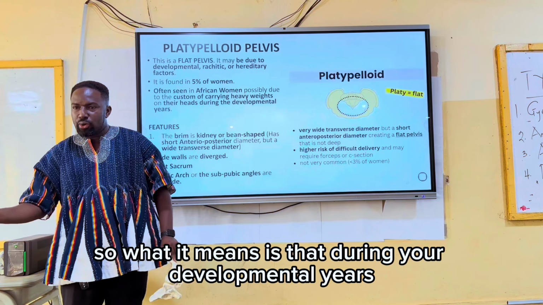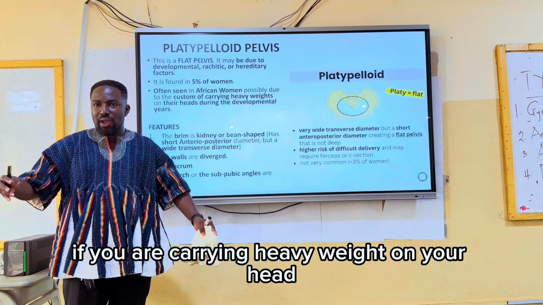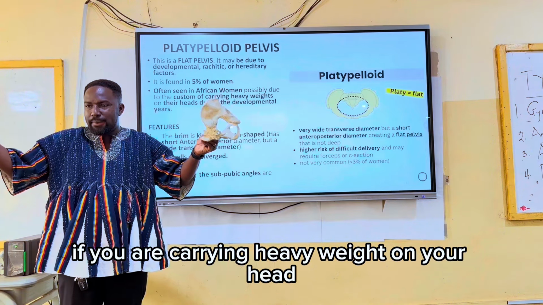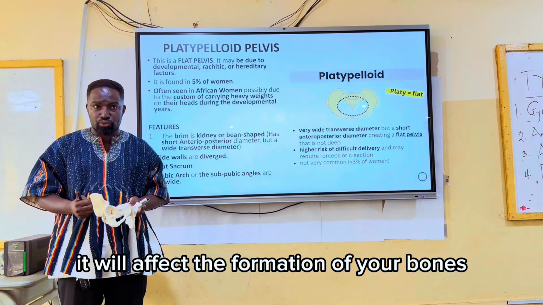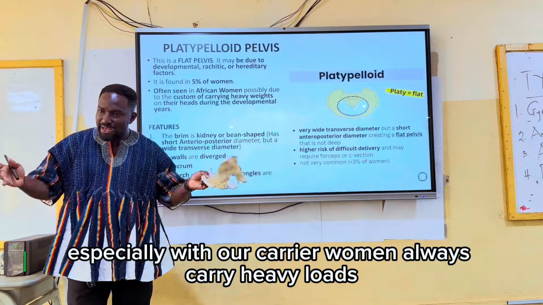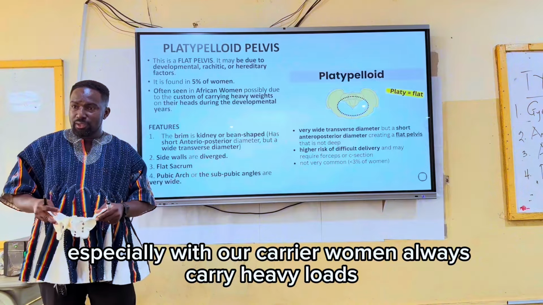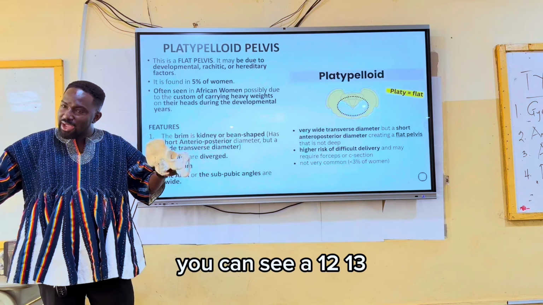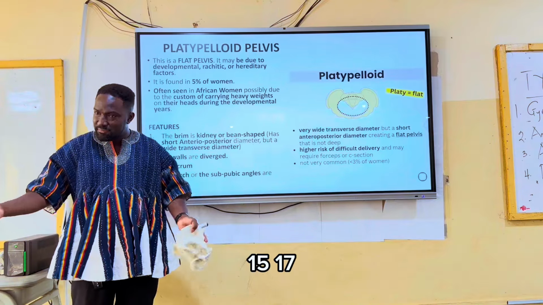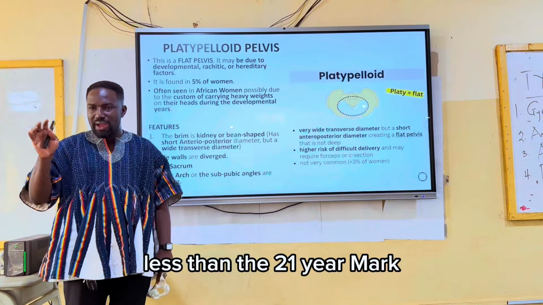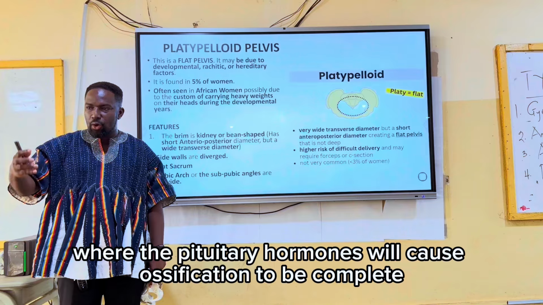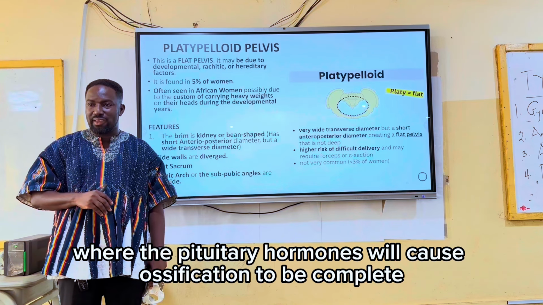So what it means is that during your developmental years, if you are carrying heavy weights on your head, it will affect the formation of your bones. Especially with tired women who are always carrying heavy loads, at ages 12, 13, 15, 17, less than the 21-year mark where the pubertal hormones will cause ossification to be complete.